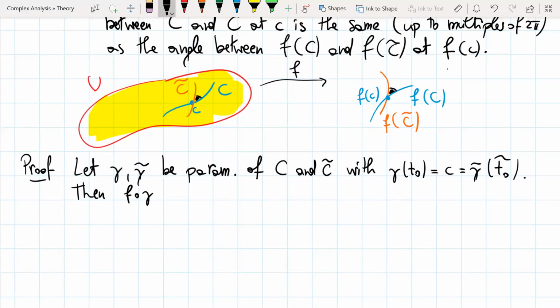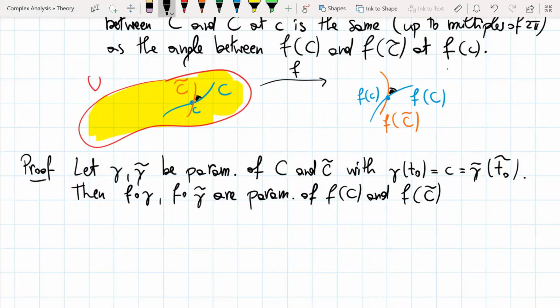So f of gamma and f of gamma tilde are parametrizations of f of C and f of C tilde. And they meet at the point f of gamma T0 equal to f of c, which is equal to f of gamma tilde T0 tilde.